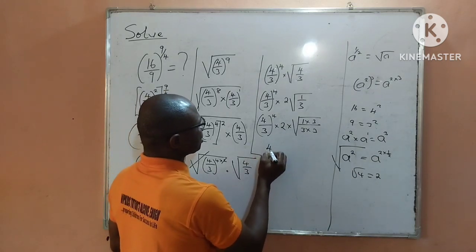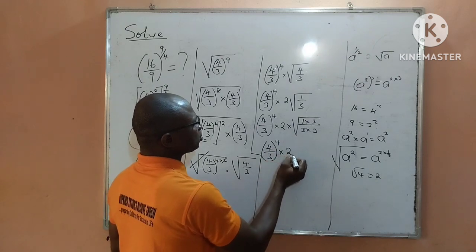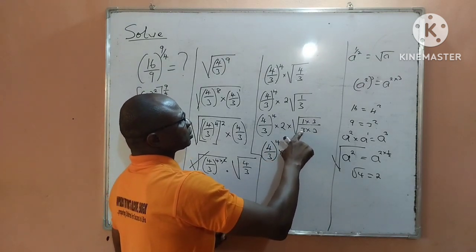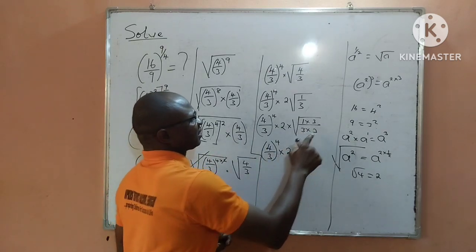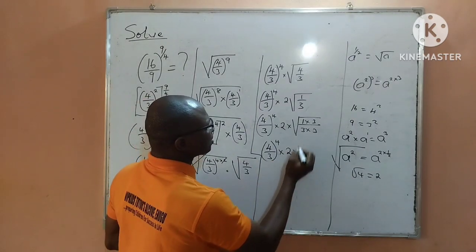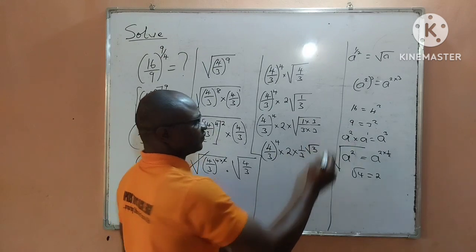Now, root 3 times 3 is 9. So square root of 3 times 3, that is square root of 9 now, is 3. So I can now write it as 1 all over 3, then the square root of 3. Very correct.